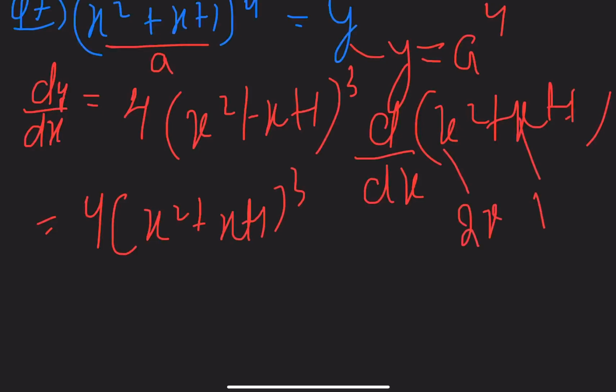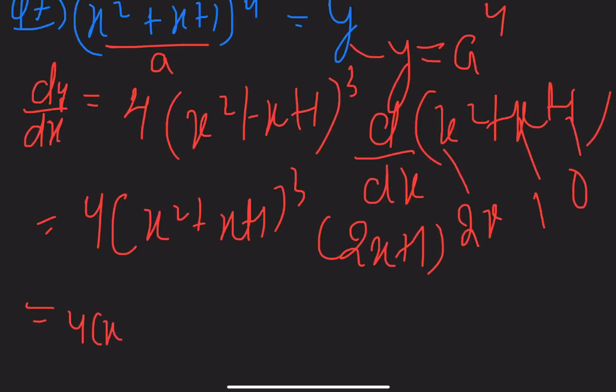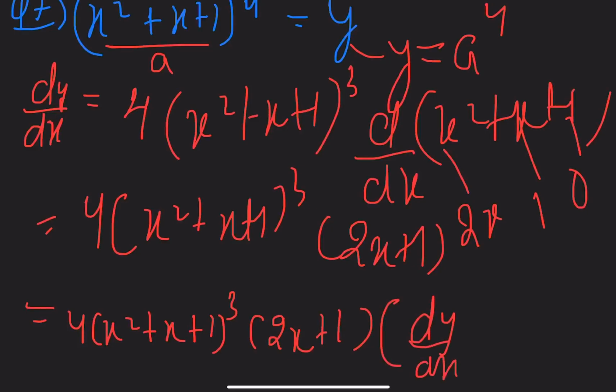X is 1 and 1 is 0. So this becomes 2x plus 1. Should I write it once again neatly? 4 into x square plus x plus 1 whole cube into 2x plus 1 is the derivative, which is your dy by dx. That's it, question killed.